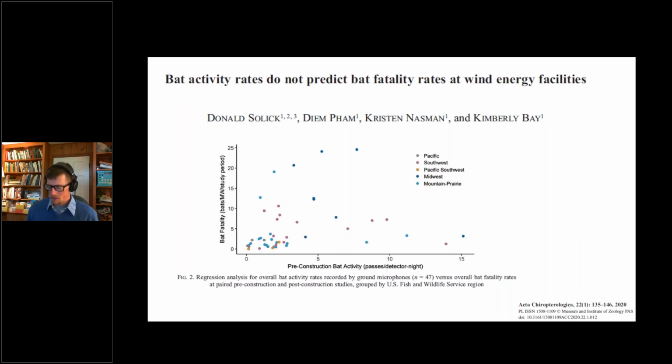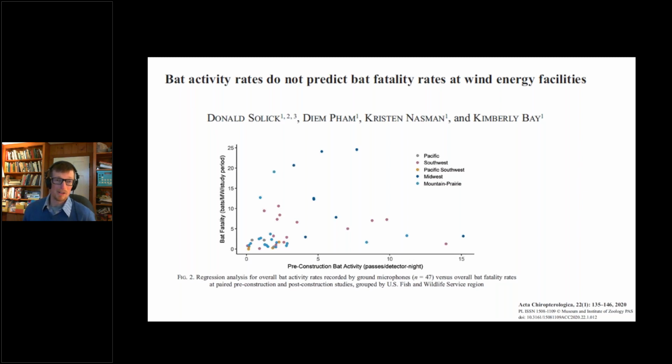So I wouldn't go so far as to say that there's no value in pre-construction surveys, but it's clear that pre-construction surveys focusing on the number of bats recorded are not telling us what we need to avoid areas with high risk. It might even be questionable whether that's possible given the geographic extent of bats and how much they move.